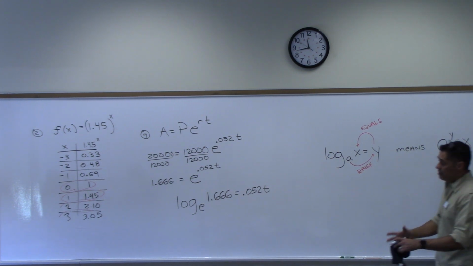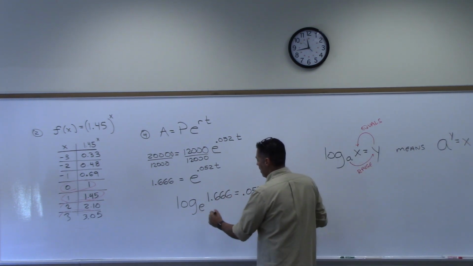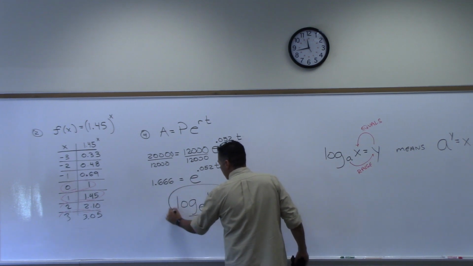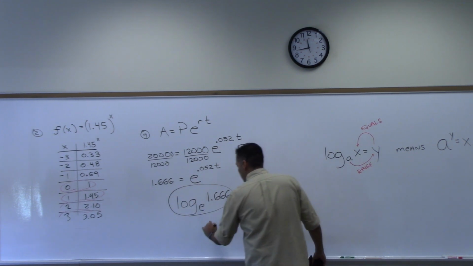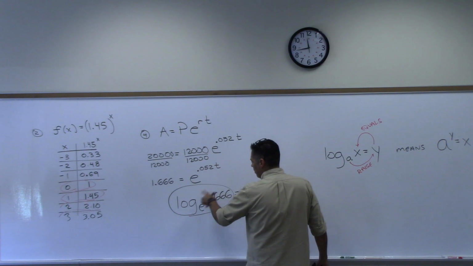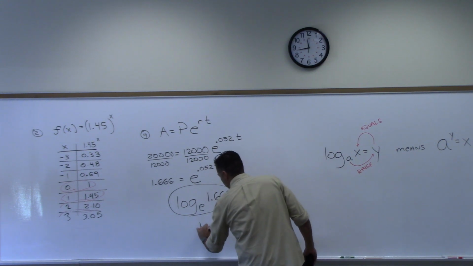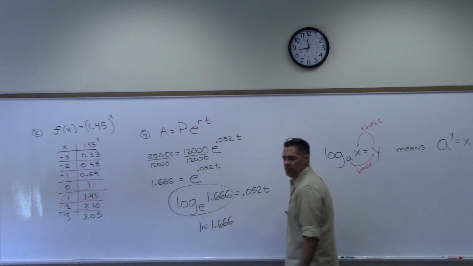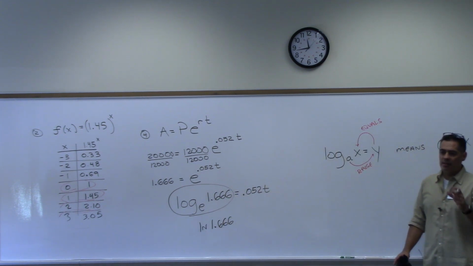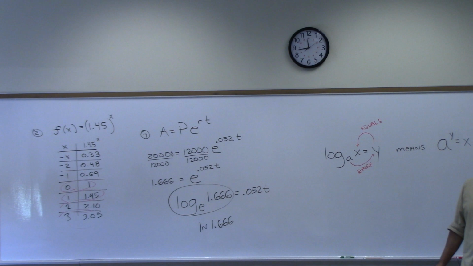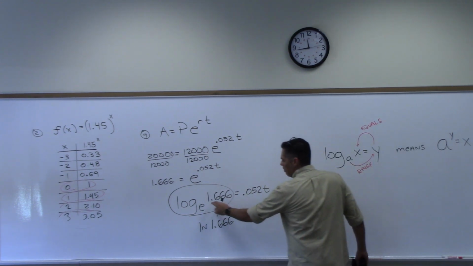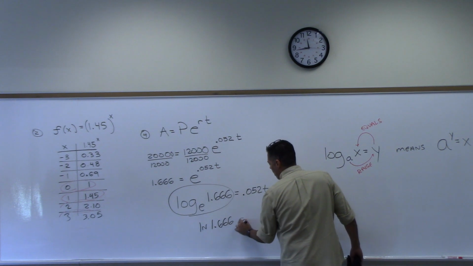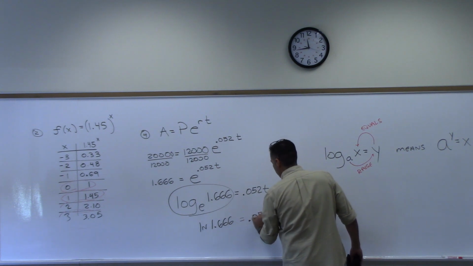Which means, at the end of the day, this is something we can do on our calculator. What is the key that we use for this? The ln. Remember French? The French say it backwards. Instead of natural log, they say log natural. So what I've circled right here just means this on your calculator, and then here we just leave this.